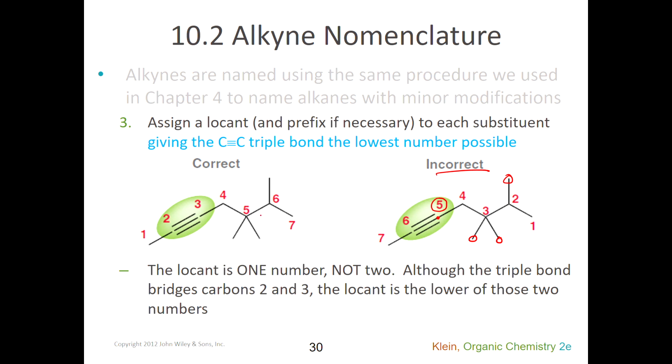Well, if my parent chain was 7 carbons, it'd be hept. I would change the suffix to -yne, making it heptyne. And I need a 2 to tell me that the triple bond starts on carbon 2, so I can put that 2 here. And then I would have a 5,5,6-trimethyl-2-heptyne. Maybe put a little space there.